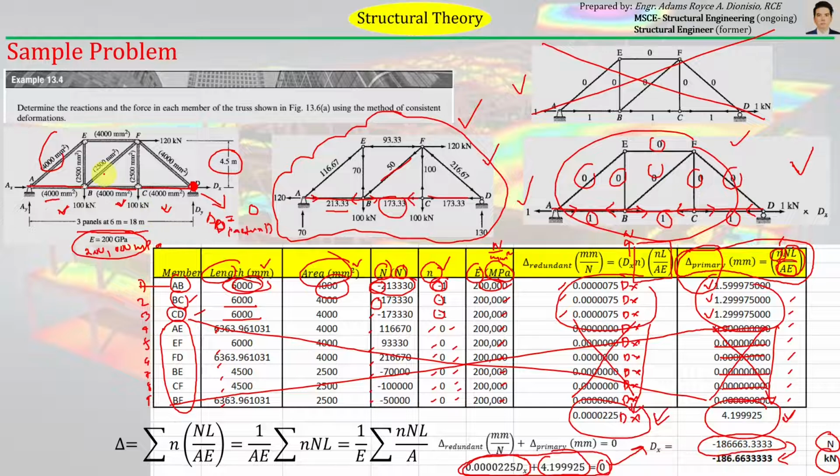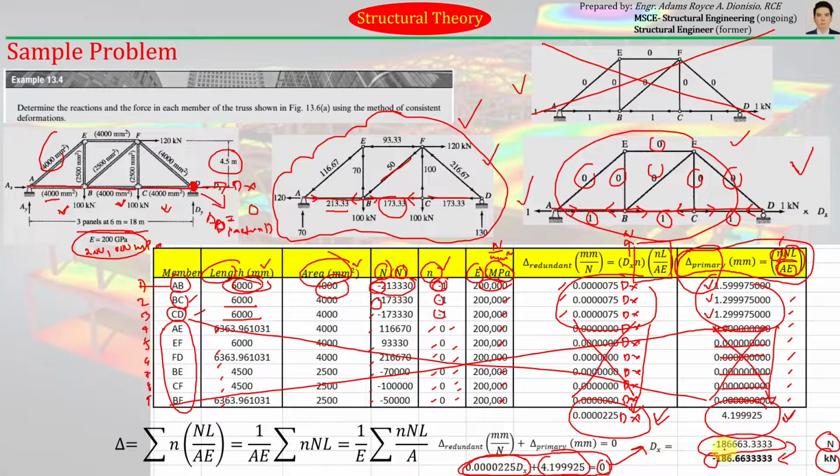So therefore, the magnitude of the horizontal reaction here is just equal to 186.666. But you can notice that we have a negative sign. So what is the meaning of that negative sign?